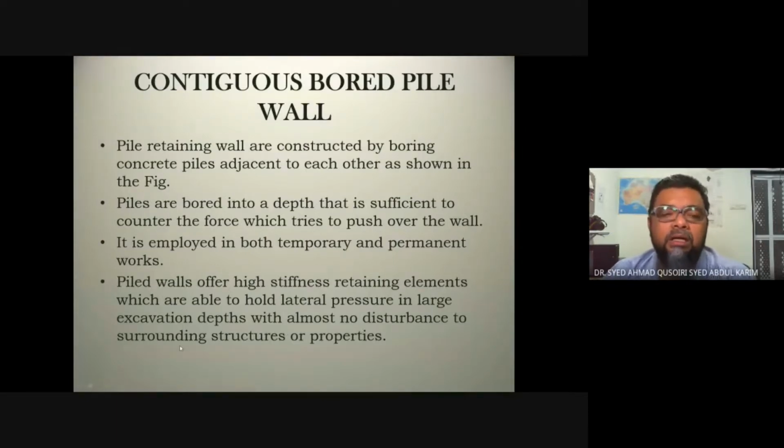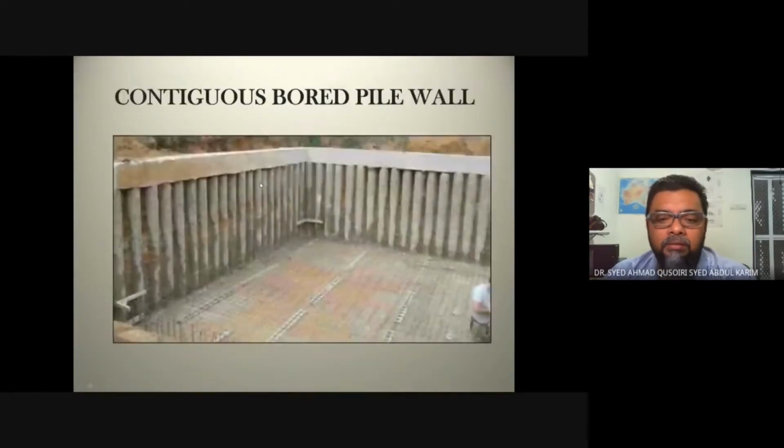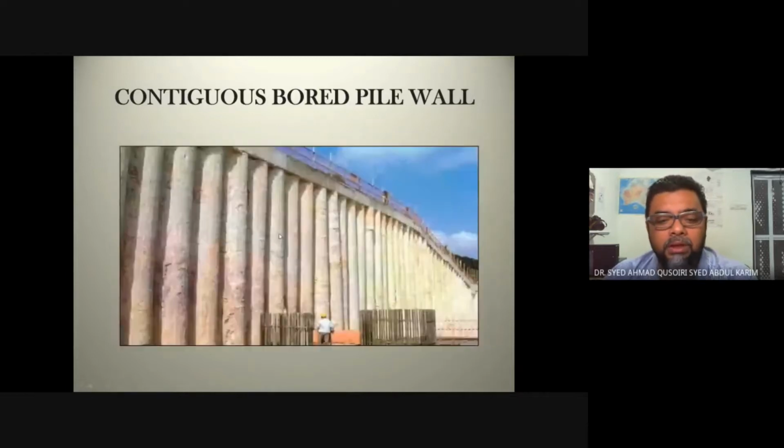That's why the contiguous bore pile wall is popular for the construction of basements, because it is very strong compared to other means. Another example of contiguous bore pile. So this retaining wall is super solid. It is super strong. It won't budge.